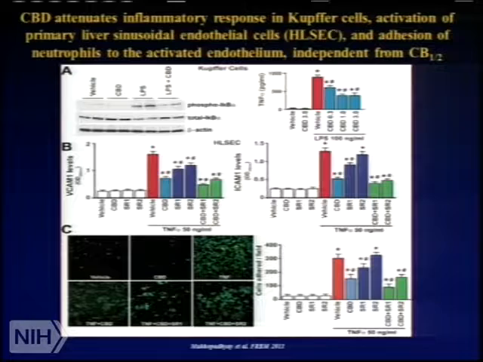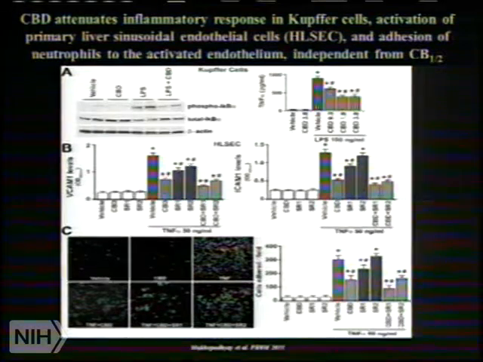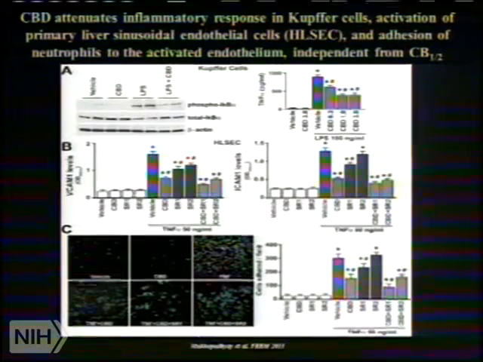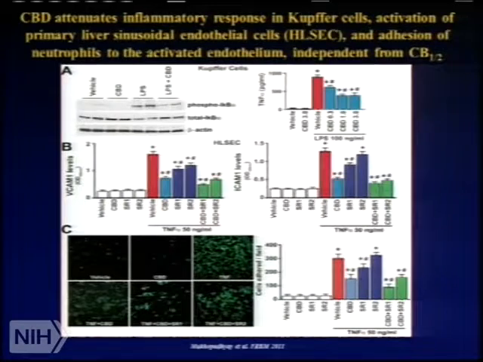And this was also attenuated by CBD. This is light blue. And the significance of this: if you have a normal endothelial layer or vessels, normally inflammatory cells do not attach because there is no increase in adhesion molecules. But once the adhesion molecules are expressed, so these greens are inflammatory cells, if you expose them to inflammatory cells, they stick to the surface of the endothelium, and this could be attenuated by cannabidiol.